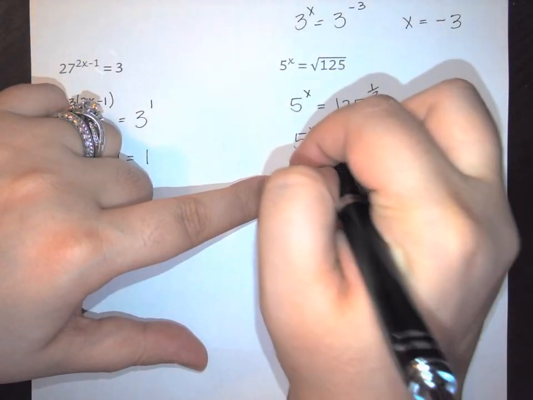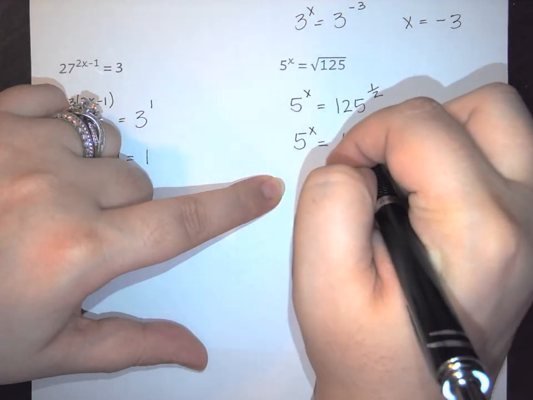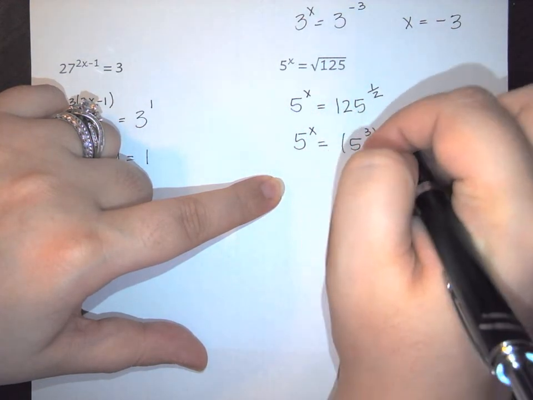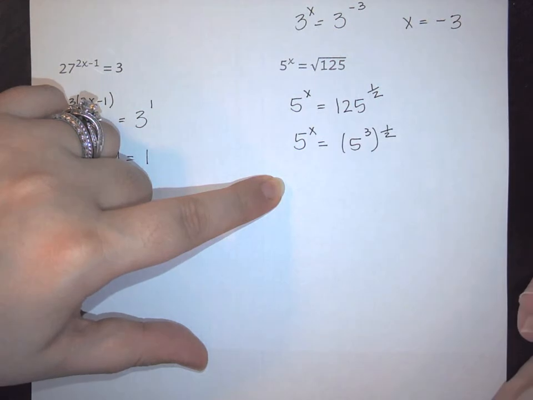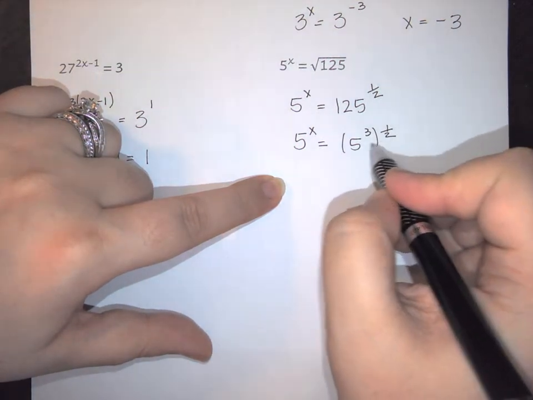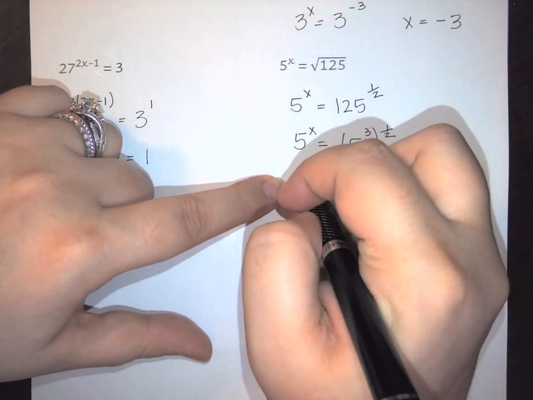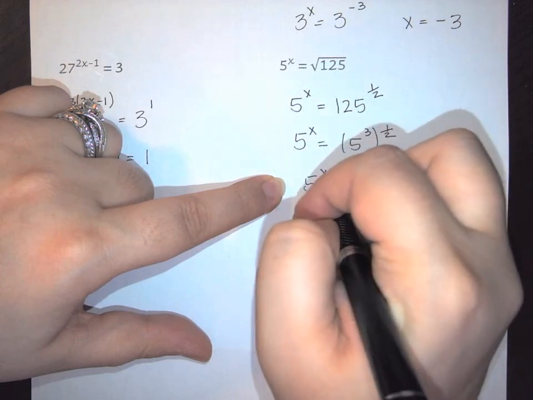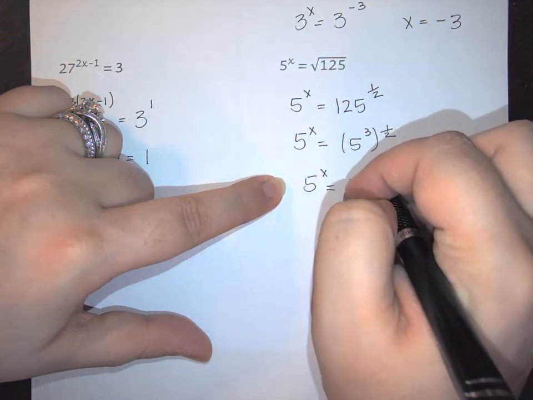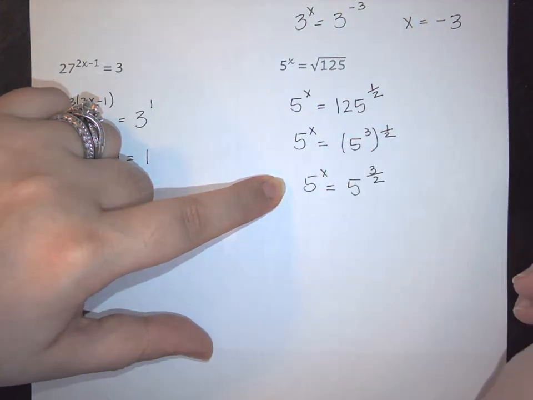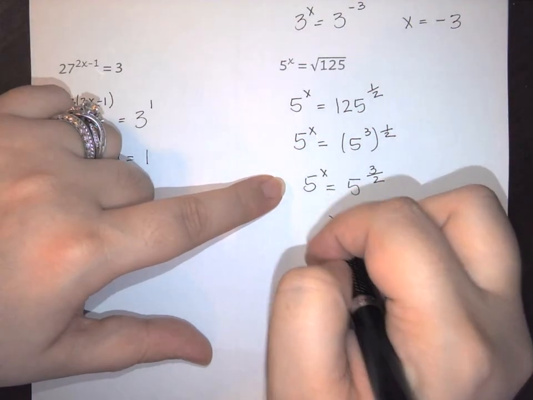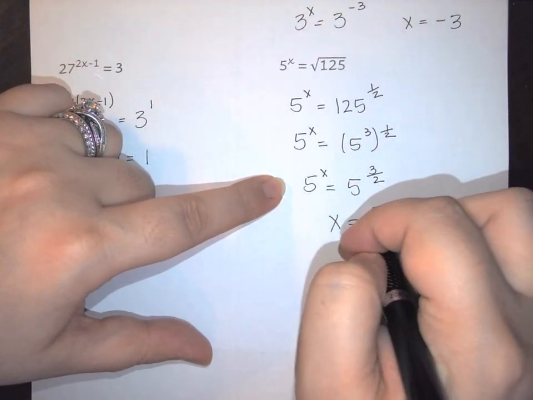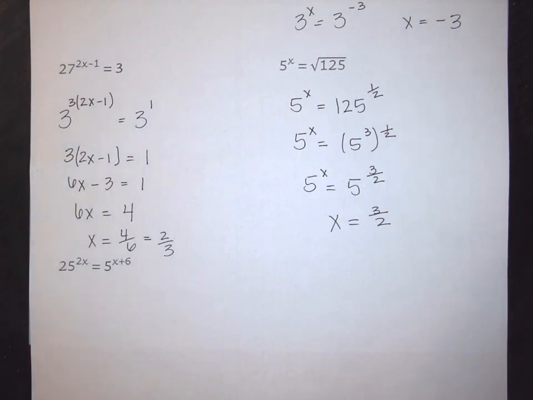My 5 to the x stays, and this becomes 5 to the third, and I'm still to the 1/2 power. Again, here I'm power to a power, which says multiply, so I have that 5 to the x is equal to 5 to the 3/2. Therefore, we end up with x is equal to 3/2.